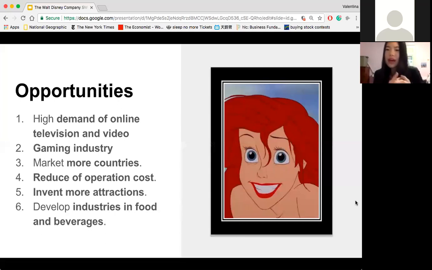First of all, Dubai is a very touristic place, so a lot of tourists are going to come into Dubai. And second of all, the Dubai people have a lot of spending ability to afford tickets for Disney, which is very important, because you don't want to go into countries where the people might not have as much money to go into Disney.